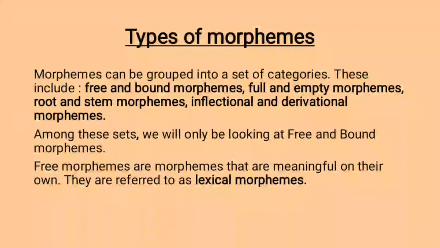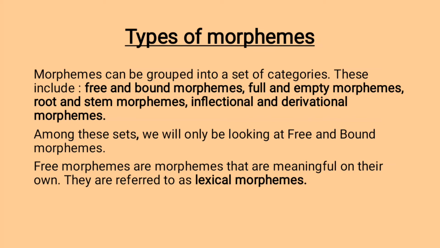Types of morphemes. Morphemes can be grouped into a set of categories. These include free and bound morphemes, full and empty morphemes, root and stem morphemes, inflectional and derivational morphemes. Among these sets, we will only be looking at free and bound morphemes.